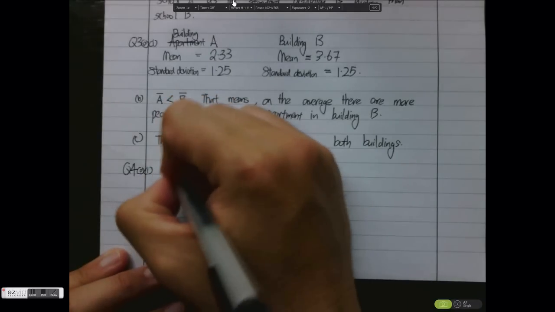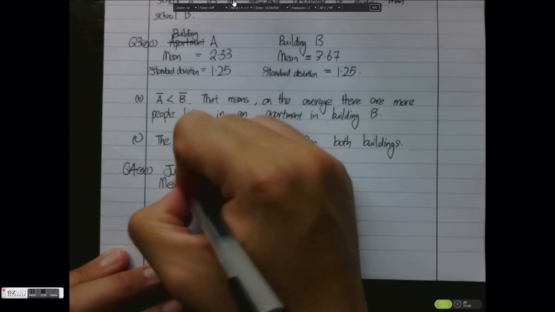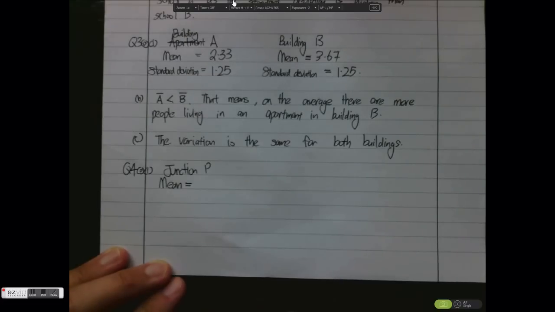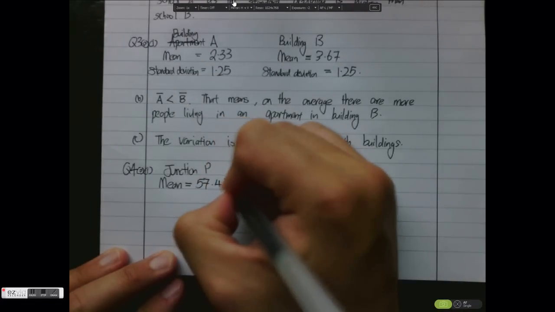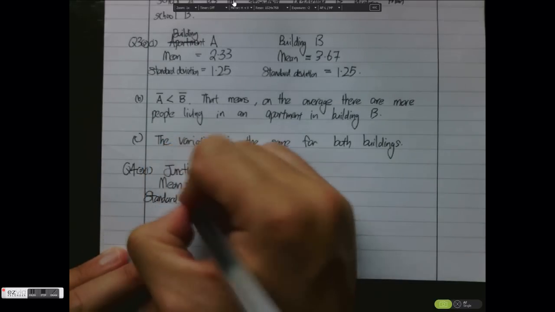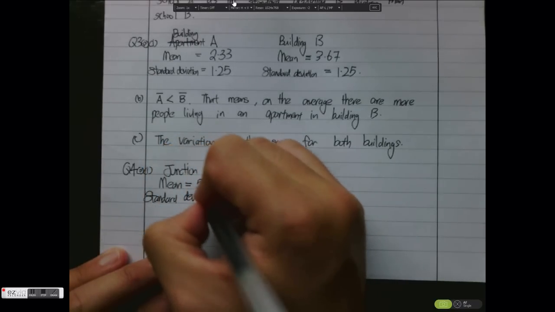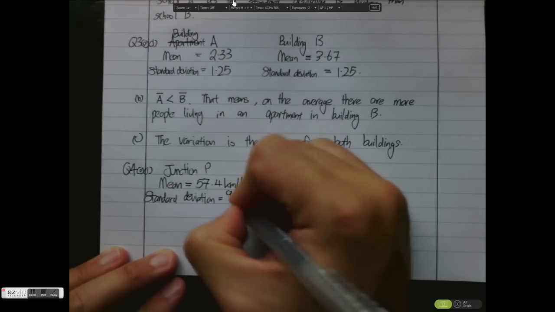Okay, so for junction P, the mean is equal to 57.4 kilometers per hour, and the standard deviation is equal to 9.39 km per hour.